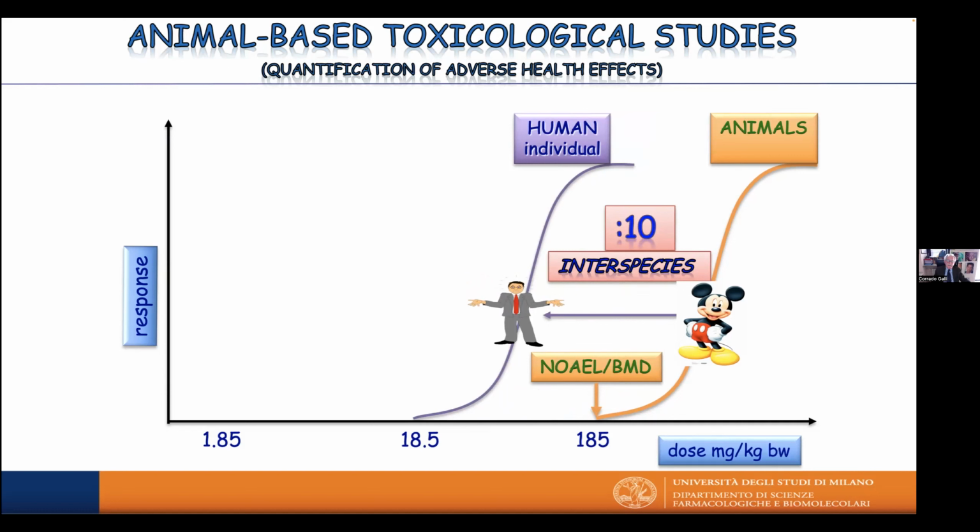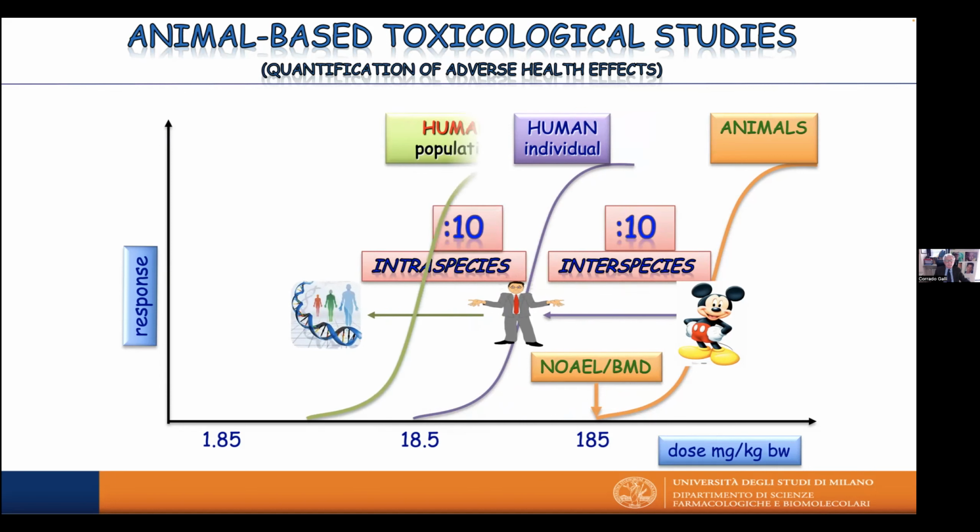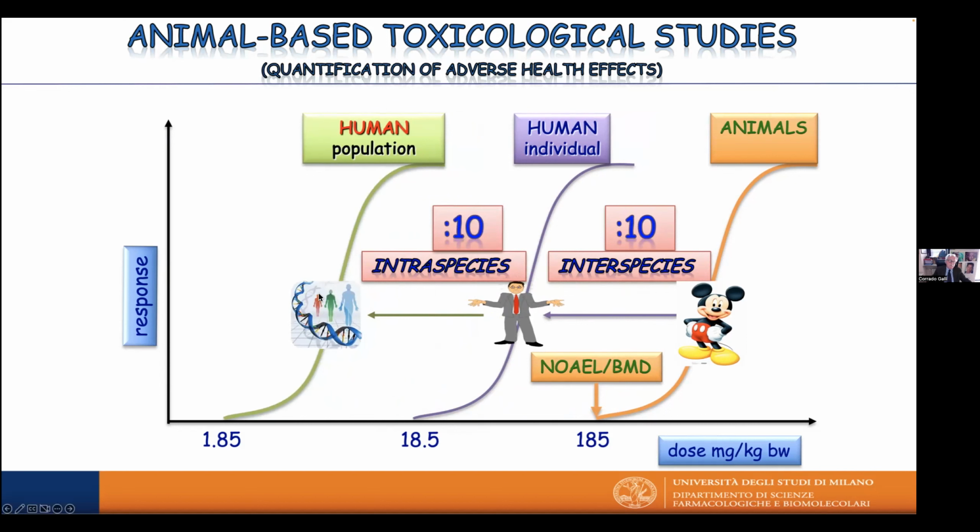So you divide your value of your point of departure by 10, and then you divide it by another 10 because of interspecies, because of the polymorphisms, because we said that the genome among the population is quite different. So then for the sake of safety, you apply 2 safety factors.